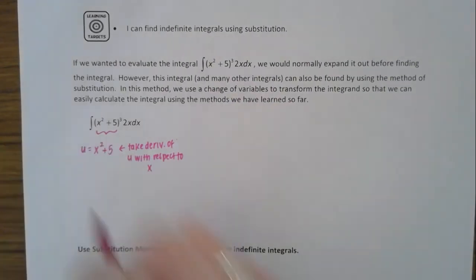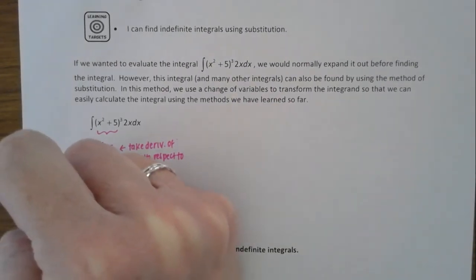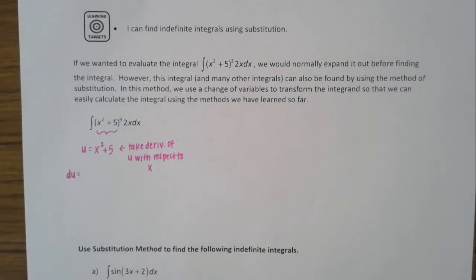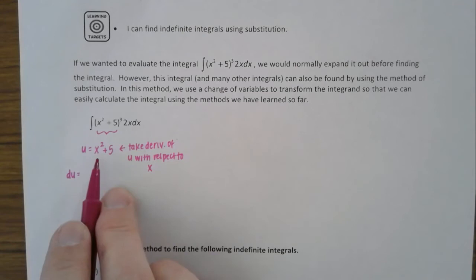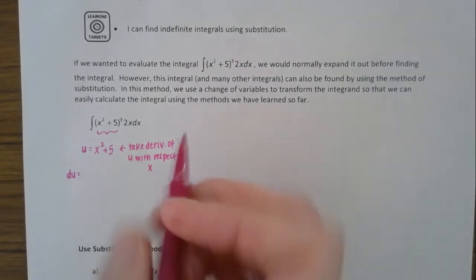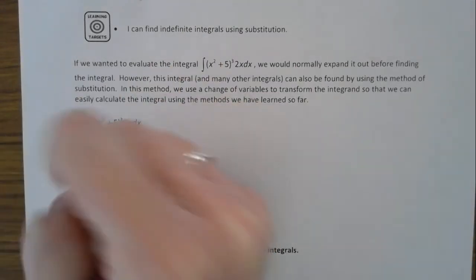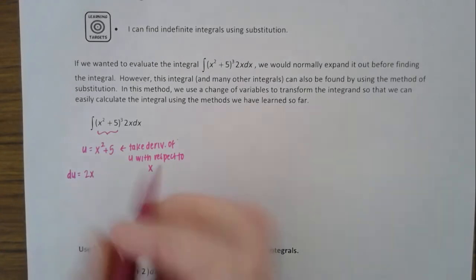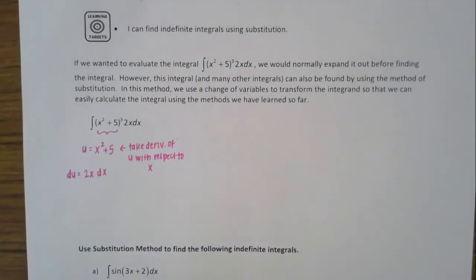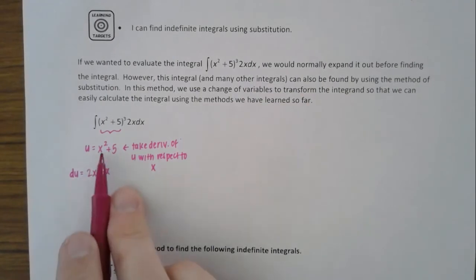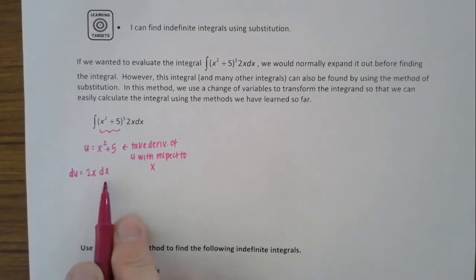So what's the derivative of u? I'm going to call that du. And the derivative of x squared is 2x. The derivative of 5 is just 0. And since I'm taking this with respect to x, I'm going to call this dx. So the derivative of u is du, and the derivative of x squared plus 5 would be 2x dx.